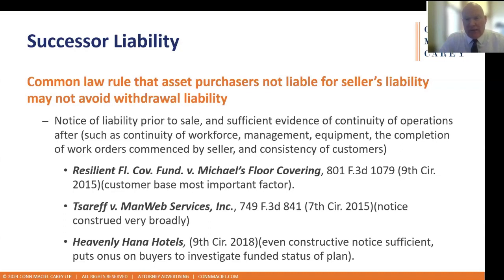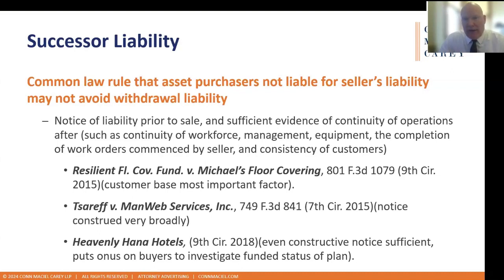So you may go through an asset purchase, not comply with section 4204, which would generally leave the seller liable for withdrawal liability. But if the seller doesn't have the money, which sometimes happens, then the fund will come after the purchaser and say, you are a successor to that seller, you had notice of the liability, and you're basically running the same business after the purchase as the predecessor ran prior to the purchase.